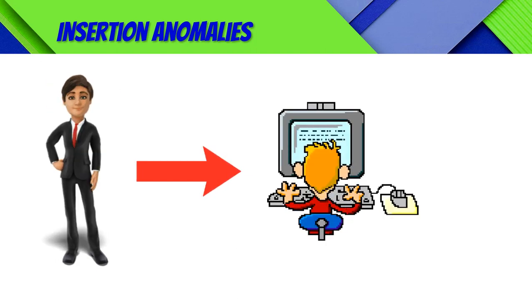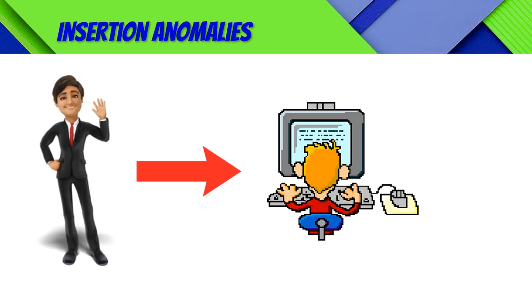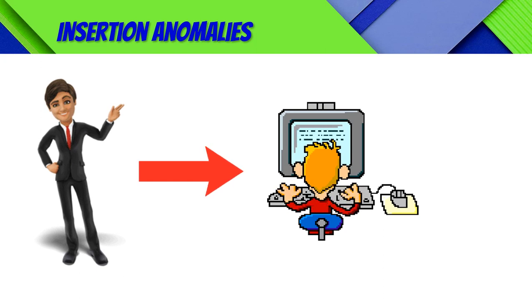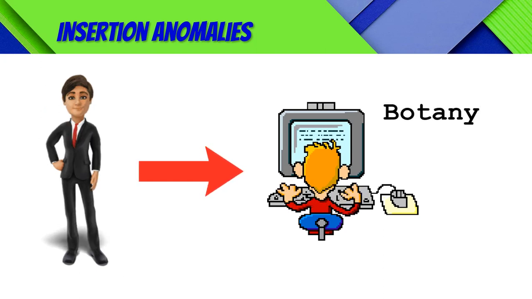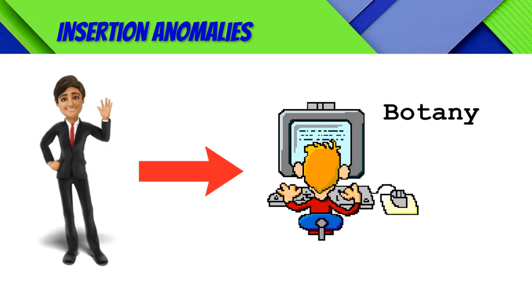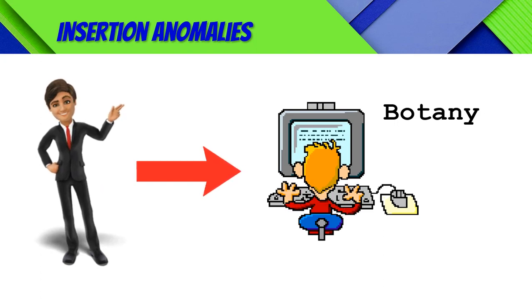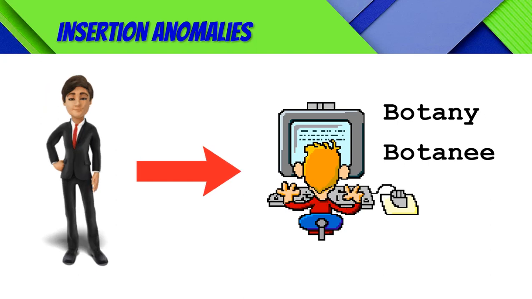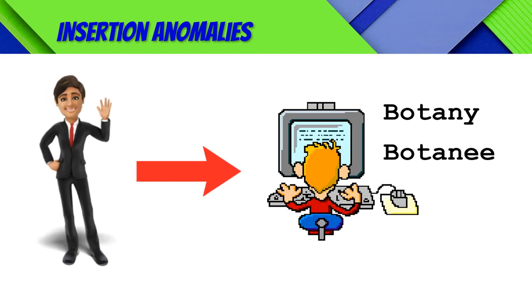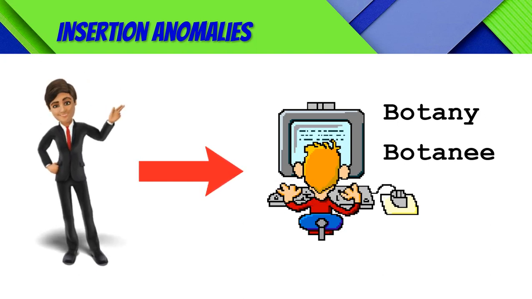Ngayon, si encoder, instead na i-encode niya na course ay botany na ganyan ang spelling, ang na-encode niyang course ni Mr. Jose is ganitong botany. So, doon na tayo magkakaroon ng anomalya kasi na-wrong spelling yung course ni Mr.